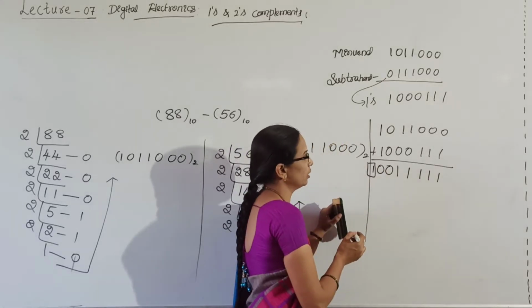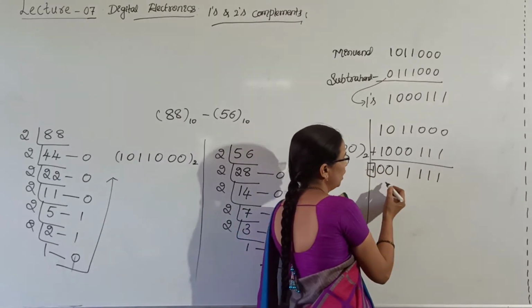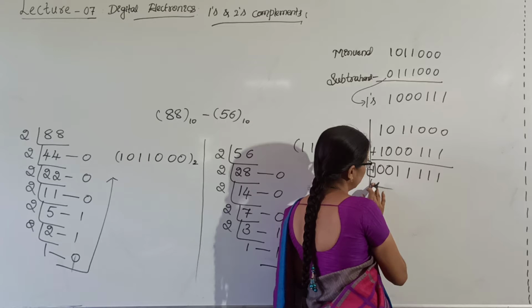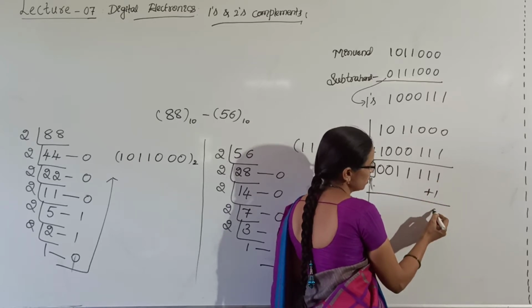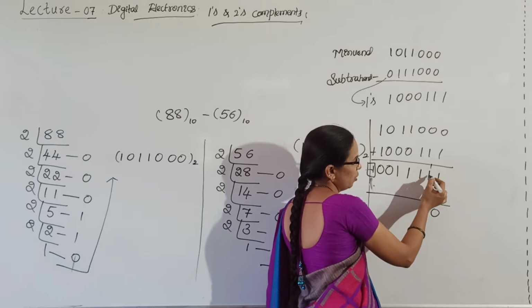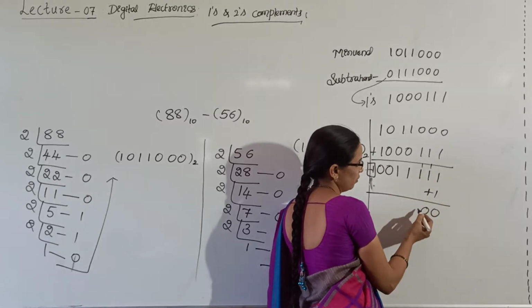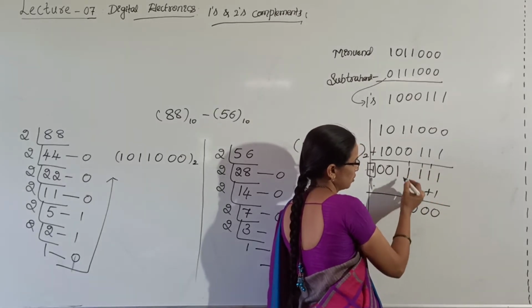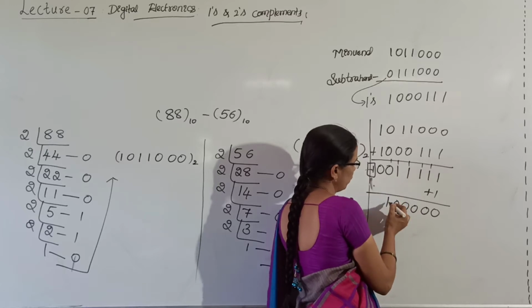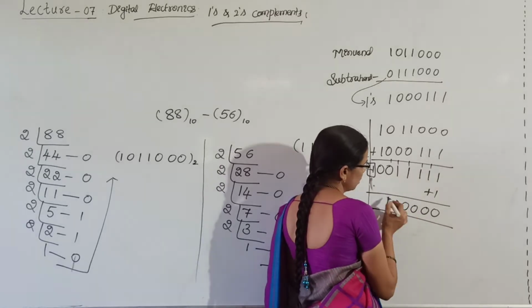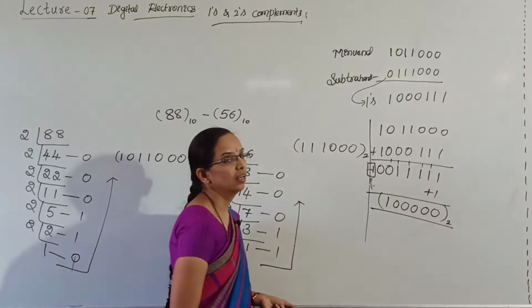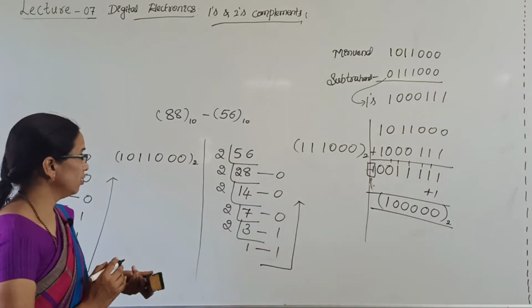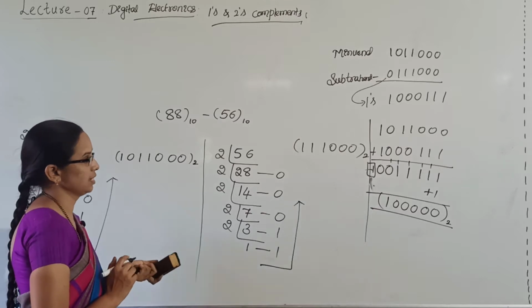That is the end around carry; you have to add that 1 to the result. 1 plus 1 is 0 with carry 1, 1 plus 1 is 0 with carry 1, 1. And the answer is 1 and 5 zeros, that is the answer for 88 minus 56.